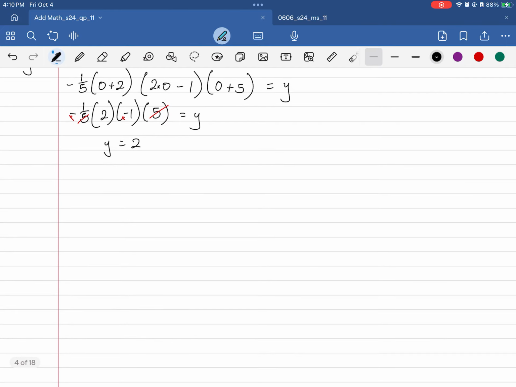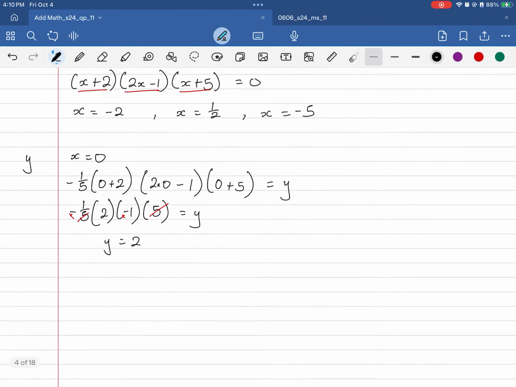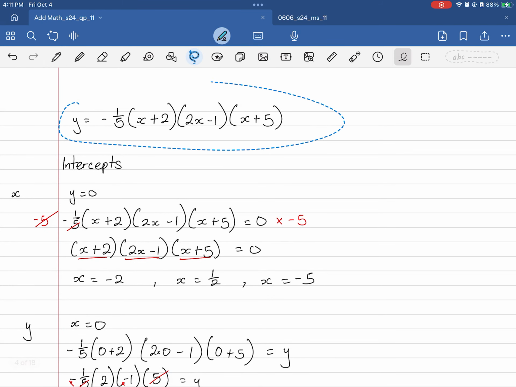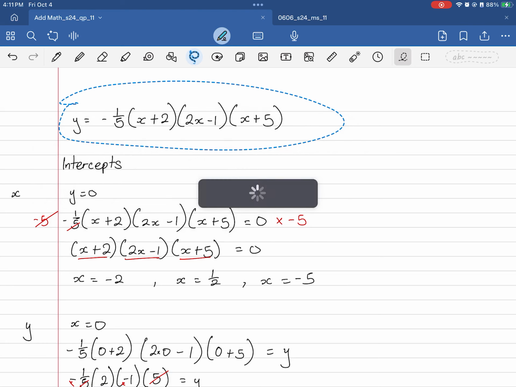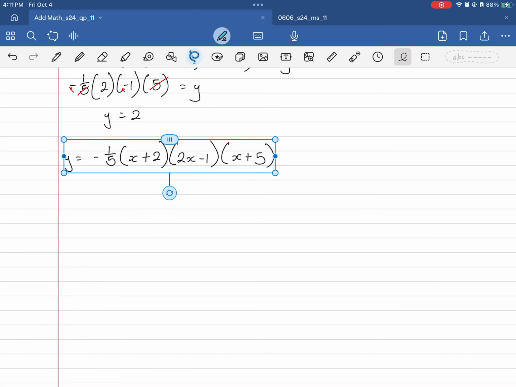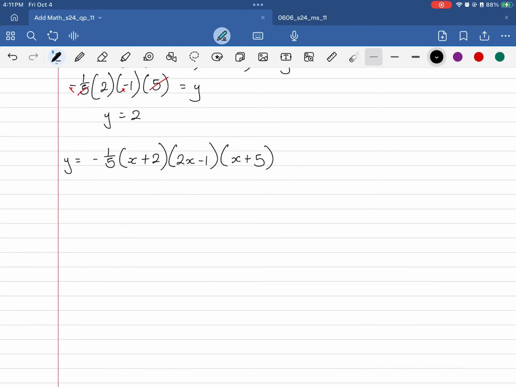So to make that easier for us, we're going to multiply this out, right? And if you multiply this out, what do you get? So x, I'm going to leave the fraction for now.